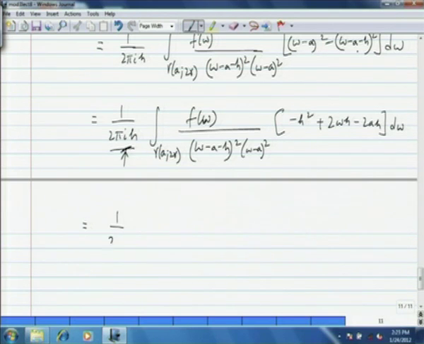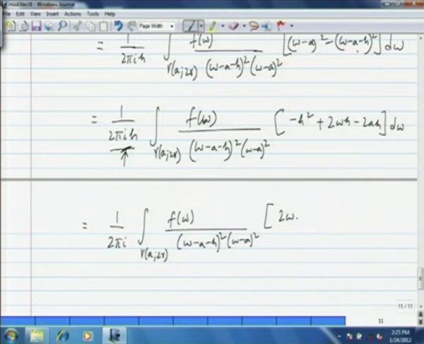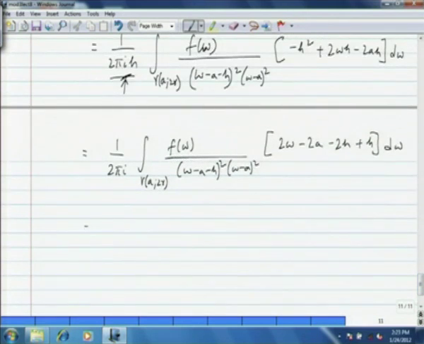So I get 1 by 2 pi I times the integral over gamma A to R of f of w by w minus A minus H squared times w minus A squared, times 2w minus 2a minus H. Allow me to write this as minus 2H plus H. Now I can separate this integral into two things.